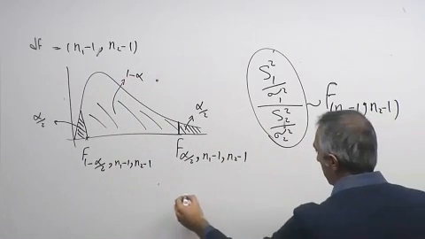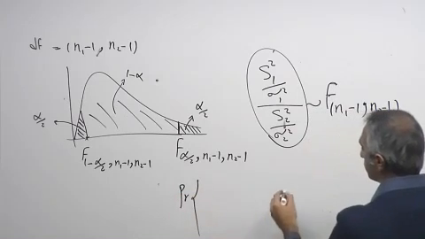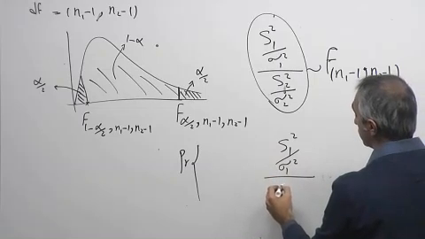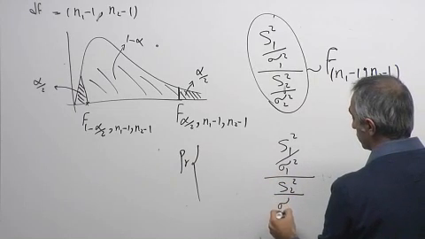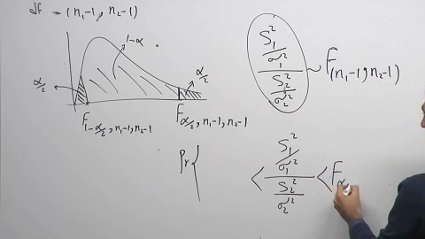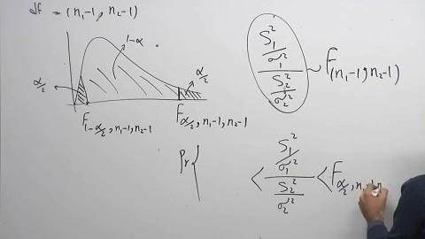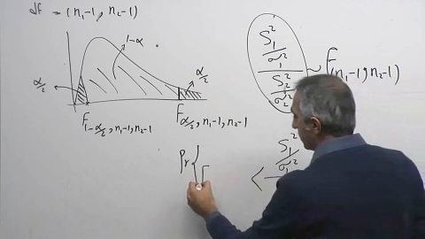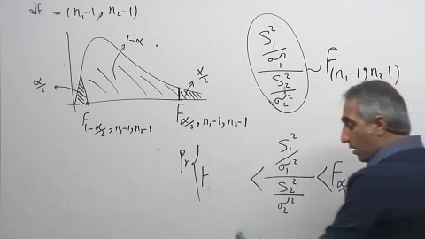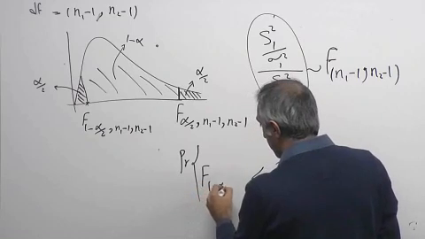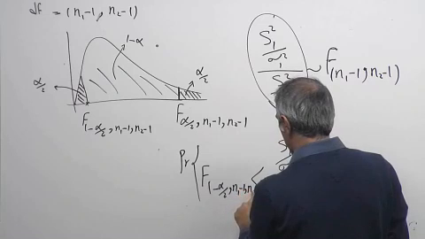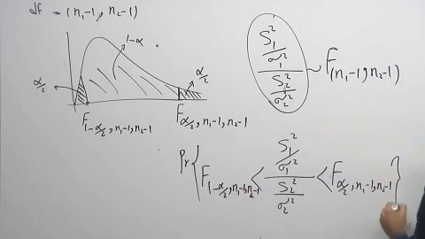So the probability of being between these two quantities is 1 minus alpha.